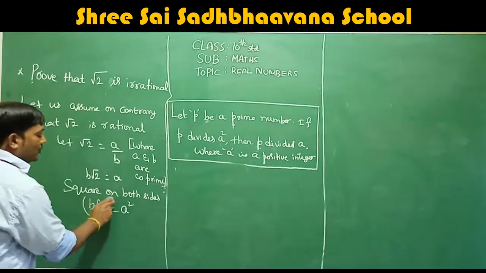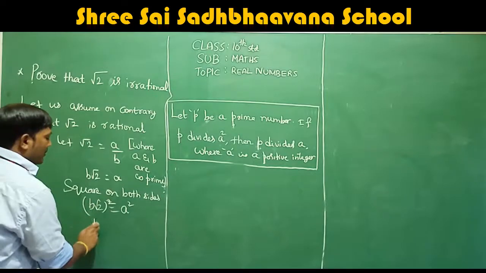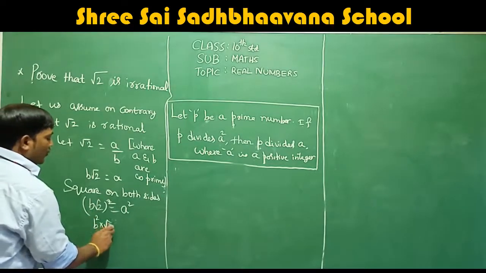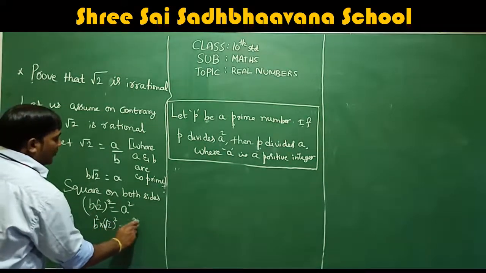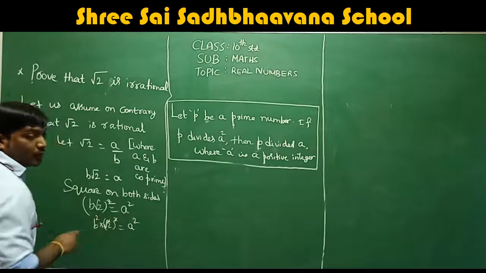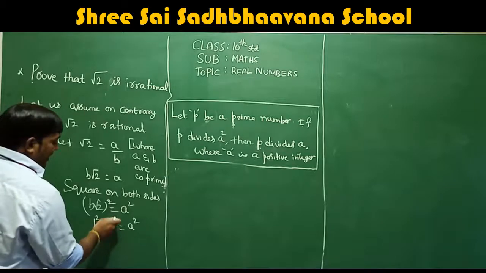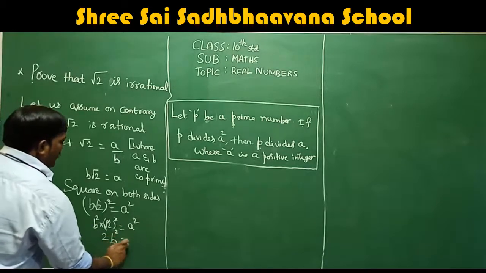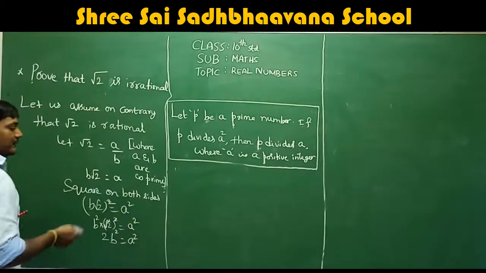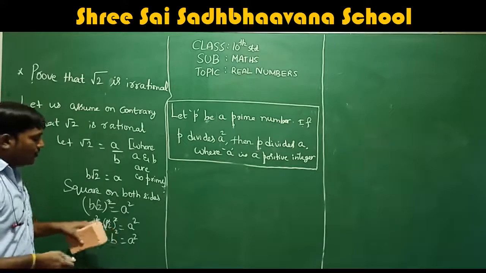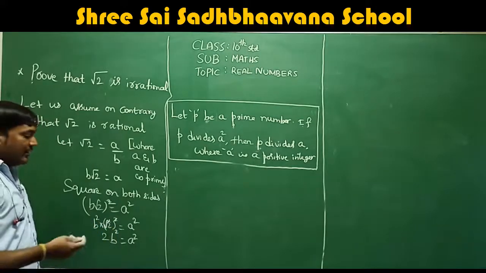And this square belongs to both the terms, so it will become b square into (root 2) whole square, which is equal to a square. Root and square will get cancelled. You will get 2b square is equal to a square.